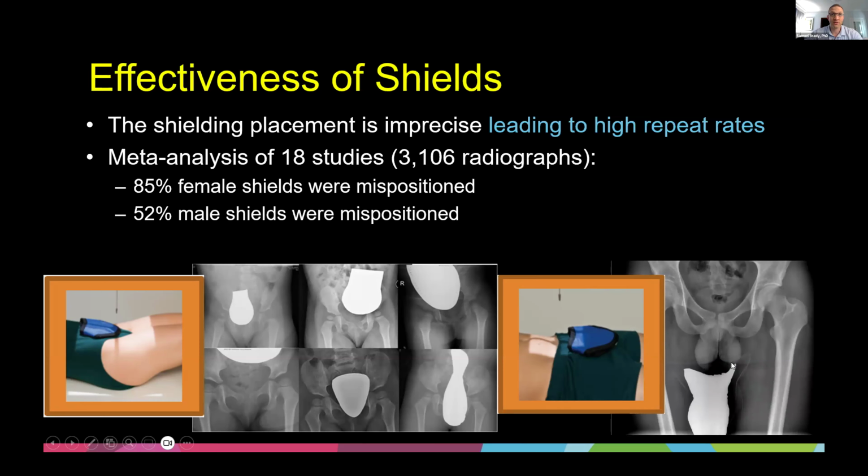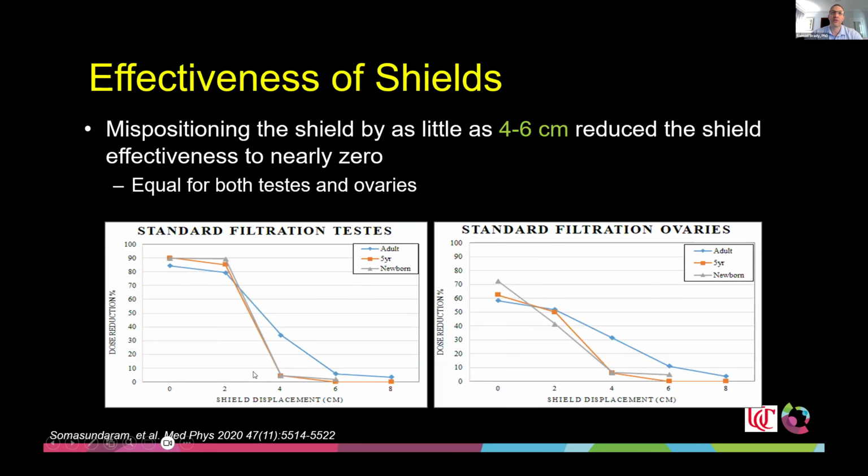So first and foremost, they're not protecting the sensitive organ. But second of all, oftentimes they're going to start covering up important anatomy, and so the radiologist then requires a second acquisition, and therefore you've doubled the patient dose. So mispositioned shields actually do not save, but increase potential risk.